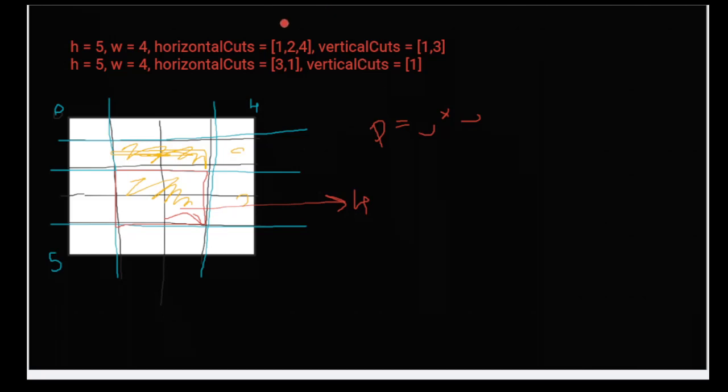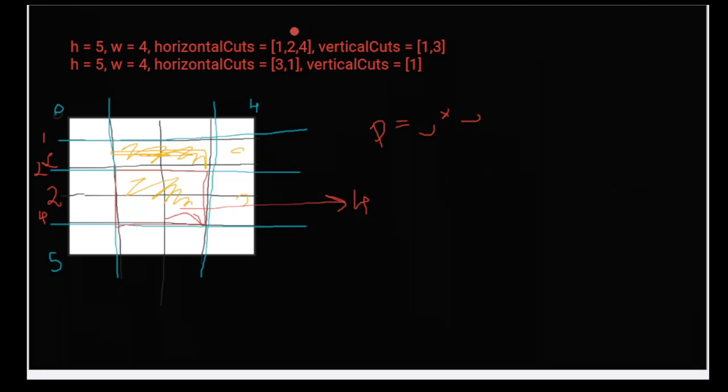We have the horizontal cuts and the vertical cuts. We'll find the difference between these cuts. Cuts were made at 1, 2 and 4, so the difference between these is actually the height. We'll take the maximum, and the maximum here is 2.